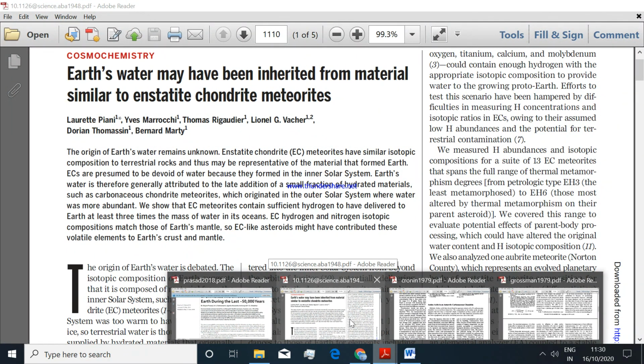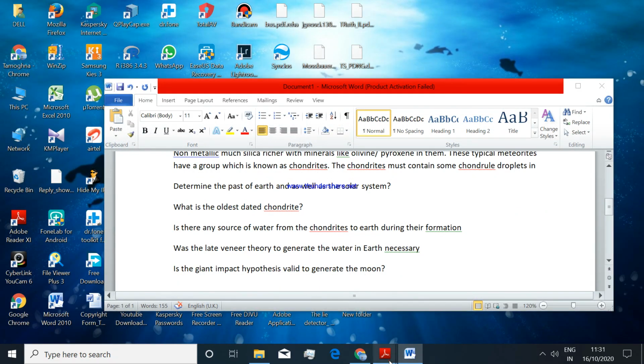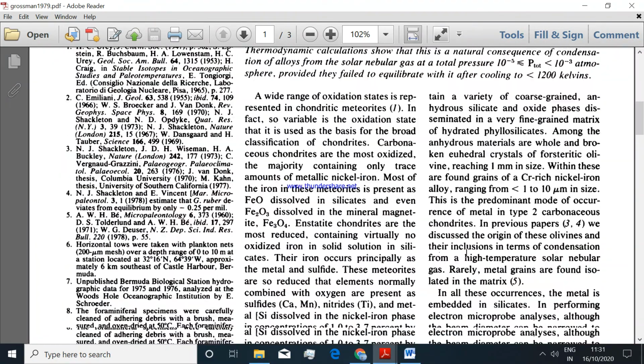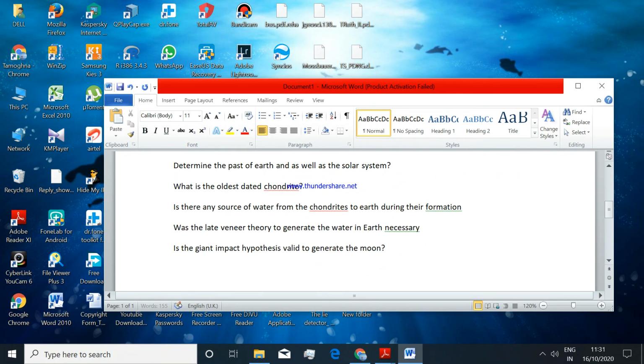Now obviously amino acids were reported from the Antarctic carbonaceous chondrites, okay, and we certainly do some types of isotopic analysis on them. Isotopes are stable and unstable, and both can be geochemically analyzed through various instruments nowadays.